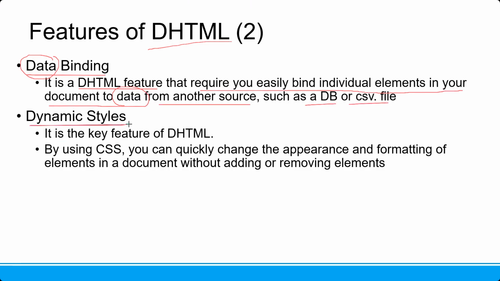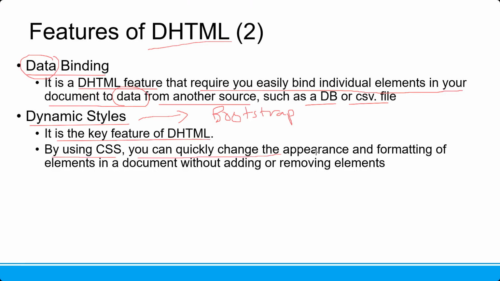And we have the dynamic styles. For the dynamic styles, I think you already learned the basic Bootstrap. So with the Bootstrap JavaScript, it means that we can leverage the JavaScript file. That's one of the key features of the HTML. So you can have the CSS.